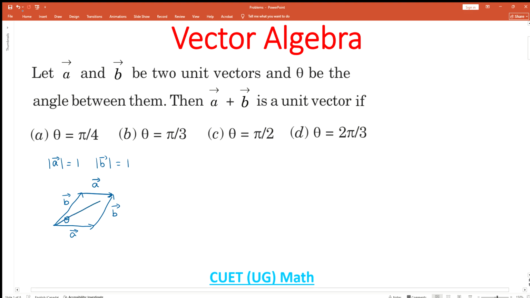So it's this diagonal, and this is vector A plus vector B. We can label the corners of this parallelogram.